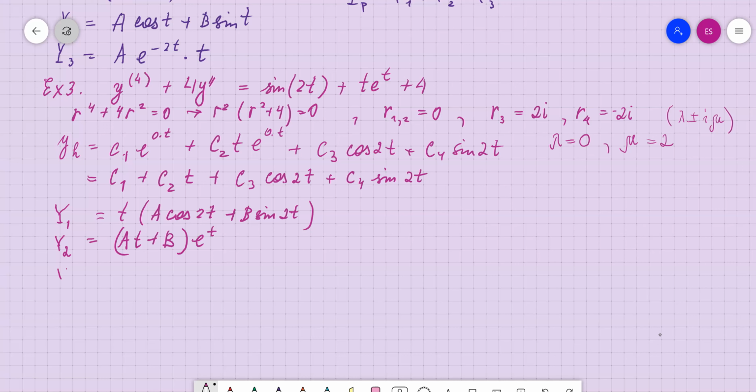And my third solution, looking at 4, I'm supposed to have just a, right, the constant for a 0 degree polynomial. But if I look at my homogeneous solution, the constant is already a solution, so I have to multiply it by t, right? And a constant multiplied by t is already a solution too, so I'll need to multiply it by t one more time. So my particular solution here is going to be the sum of this y1, y2, and y3.